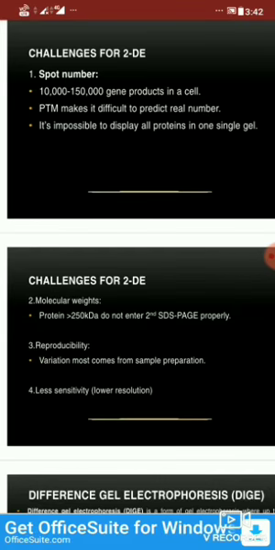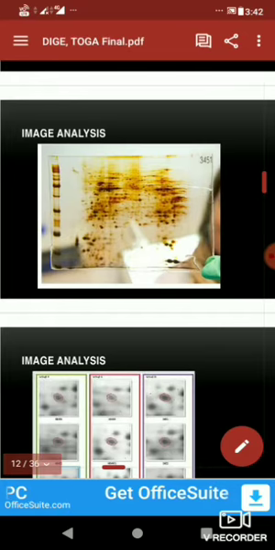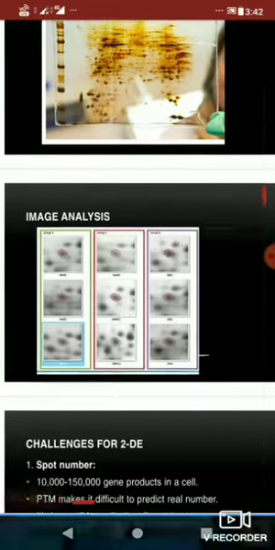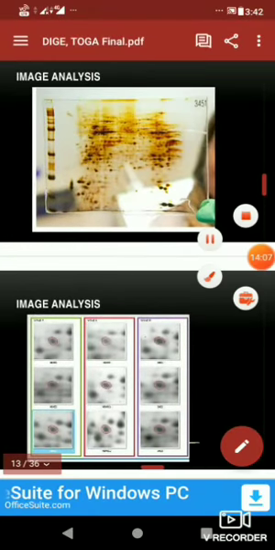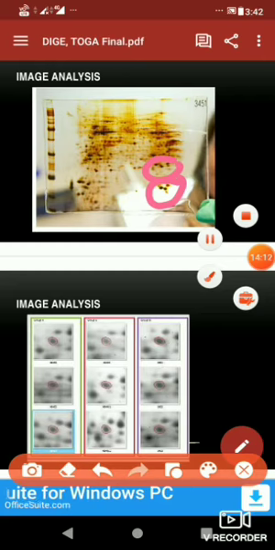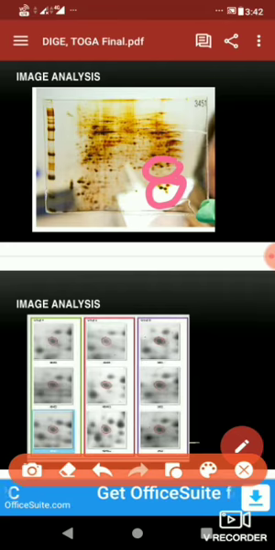So based on that, we have around 10,000 to 150,000 gene products in a cell, and when you run them on the gel, even though this two-dimensional gel might give you multiple spots, it was still difficult for scientists to identify. For example, in this place or this place, you can see there are so many proteins which might be present in that dark spot itself.